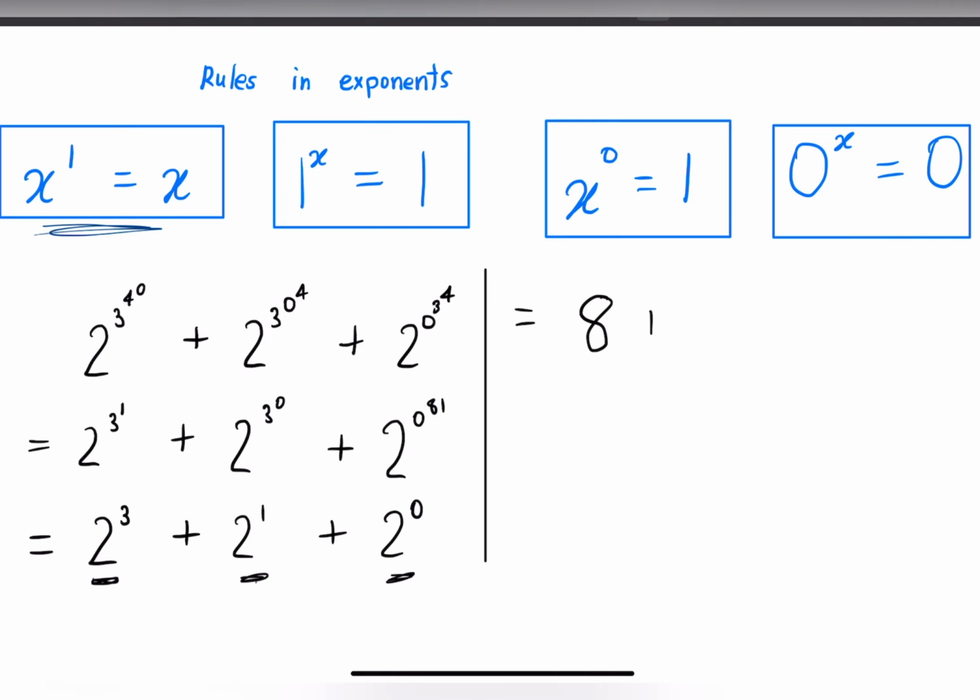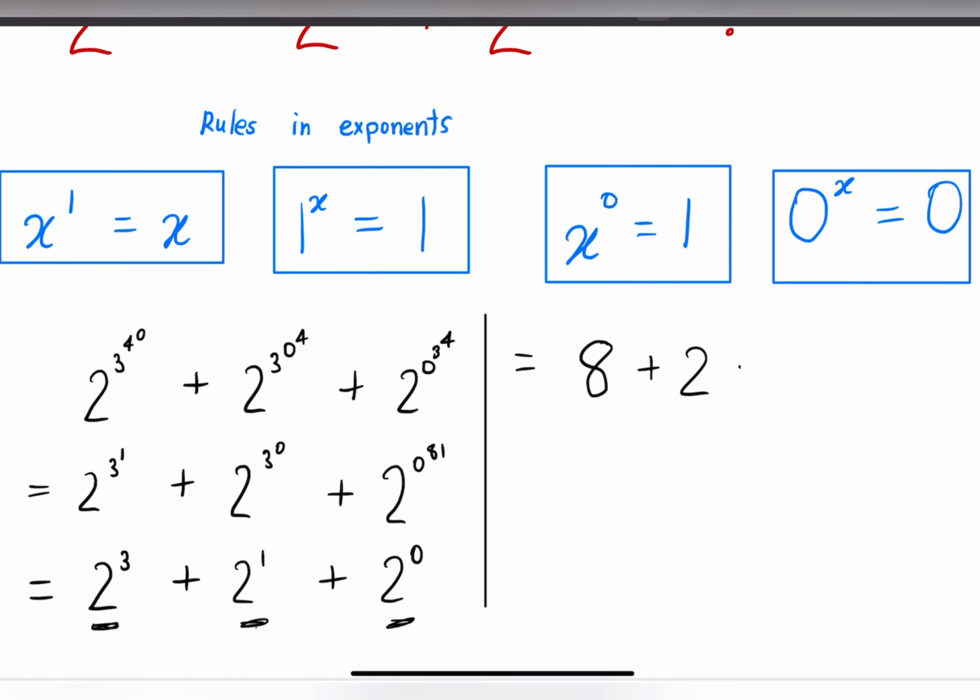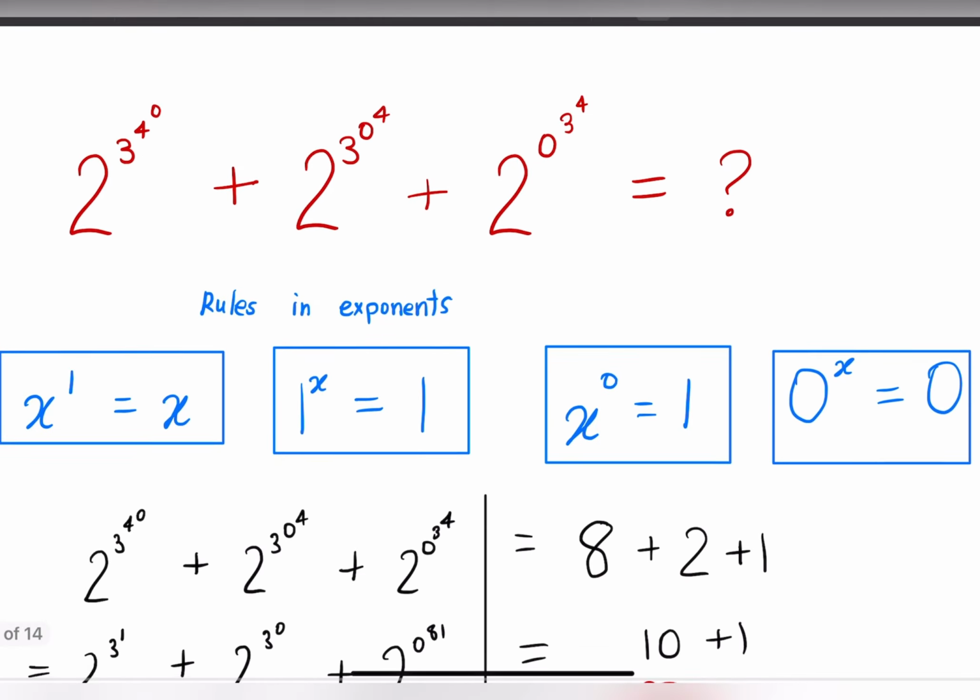So 8 plus 2, and then we have 2 to the power of 0. And I don't think I have to remind you, anything to the power of 0 is 1. So we have 8 plus 2 plus 1. Now 8 plus 2 is 10, and 10 plus 1 is 11. So that is our answer to our question, 11.